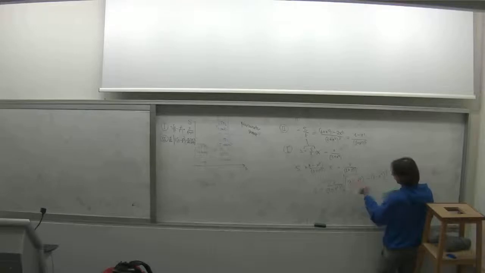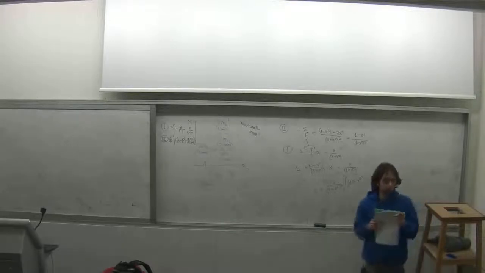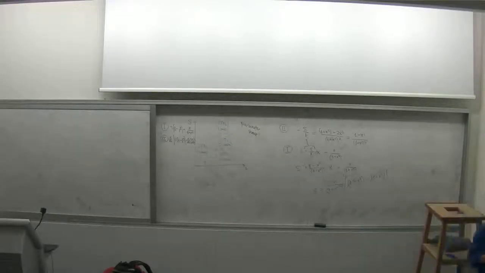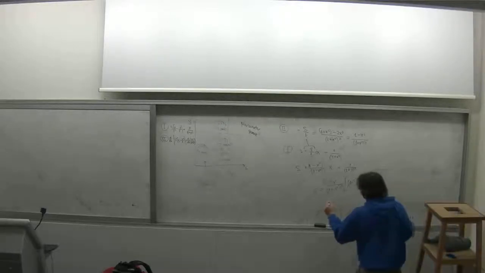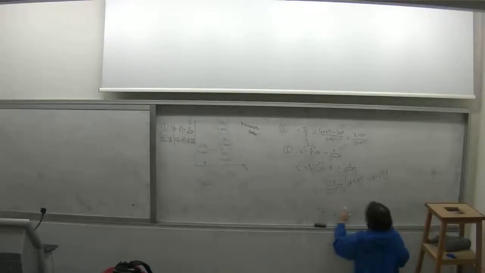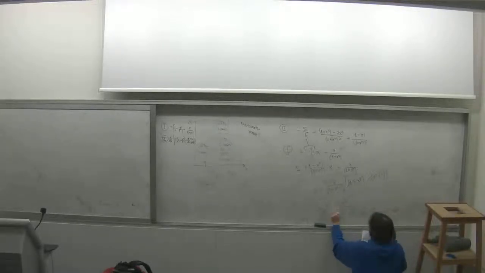Right, so the 1 and 1 cancel out, and these add up: 2x to the third over 1 plus x squared squared.